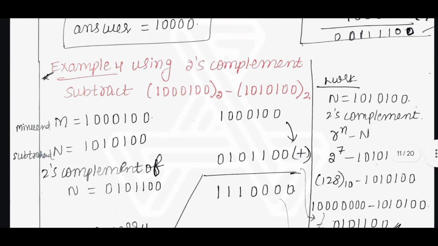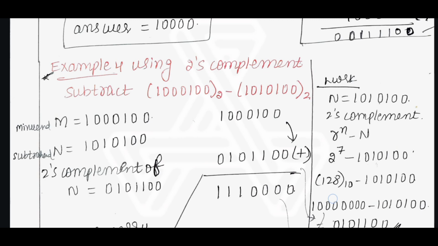Using 2's complement, subtract this. This is the minuend, this is the subtrahend. Then we should find the n's complement, which is 0 0 1 1 0 1 0. Correct.